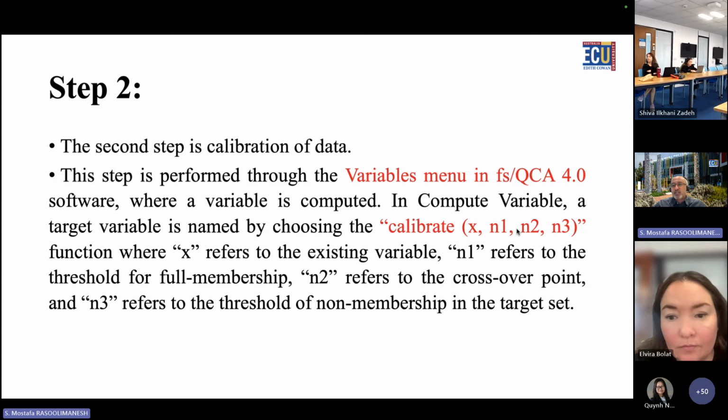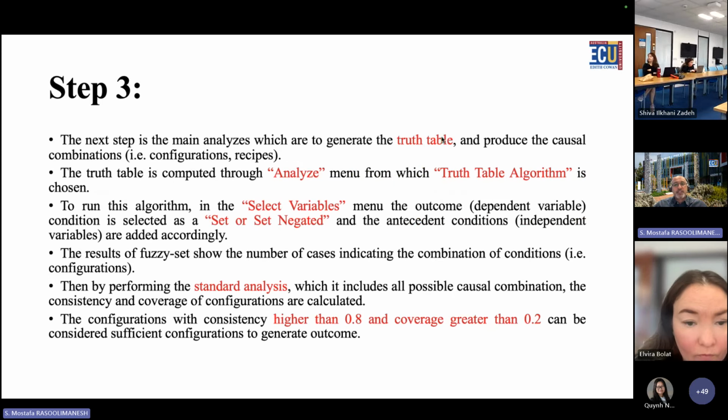So you have to identify these values in this function, and then the software will calibrate your data between 0 and 1. It does the fuzzy set calibration for you. And then step 3 is creating the truth table and doing the analysis.